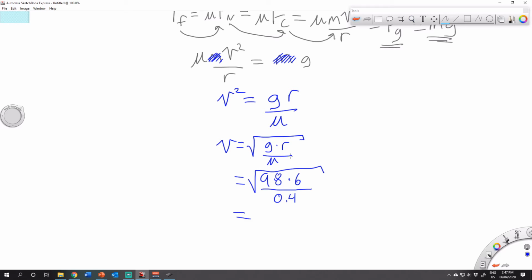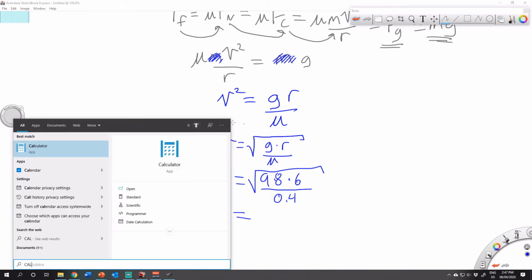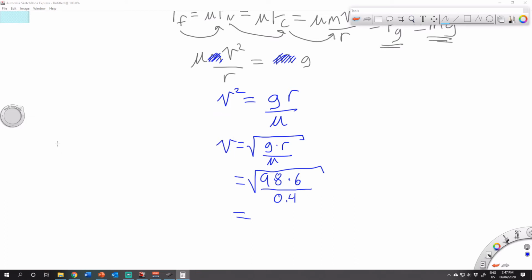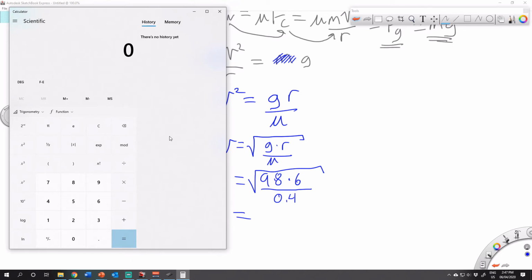Right, so after some, let me pull up a calculator. You guys can probably do this faster on your calculator. So let's hope this does it as I expected. There it is.